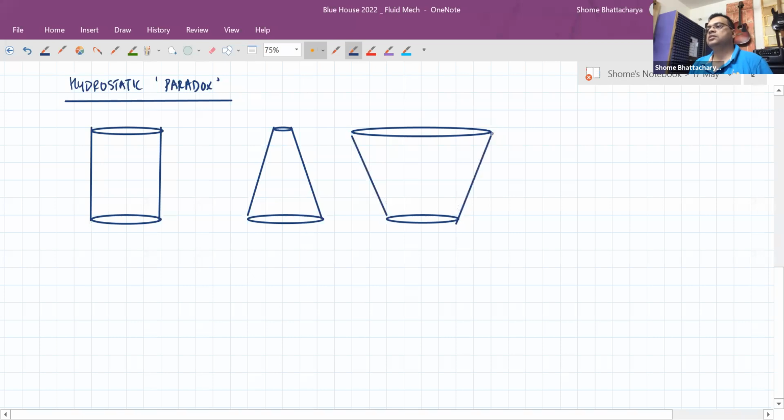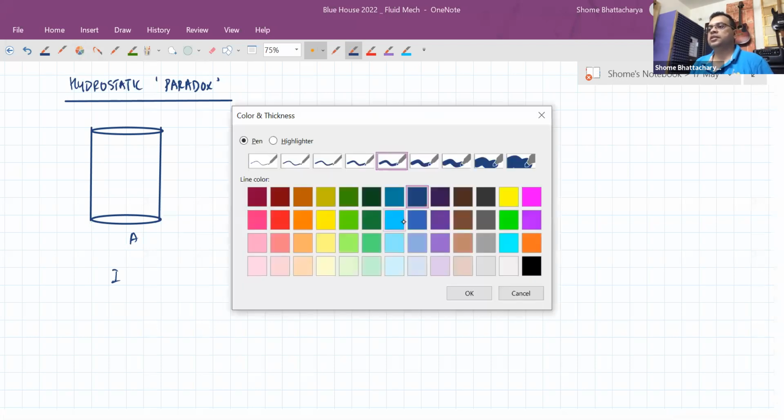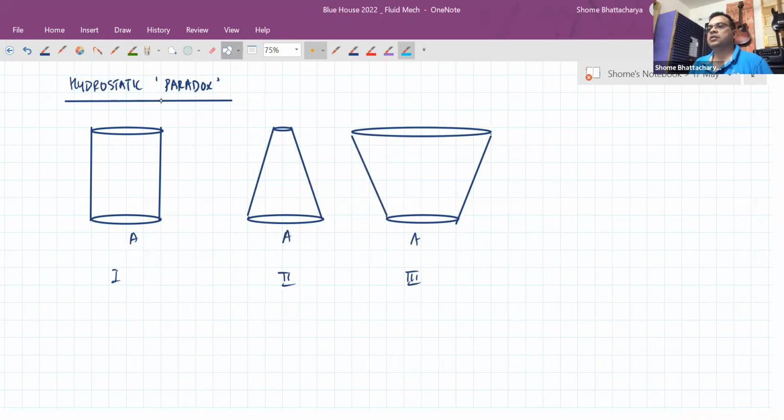These are 3 containers, all having the same base area A. They are open containers filled with fluid up to the same level, the same fluid filled up to the same level.